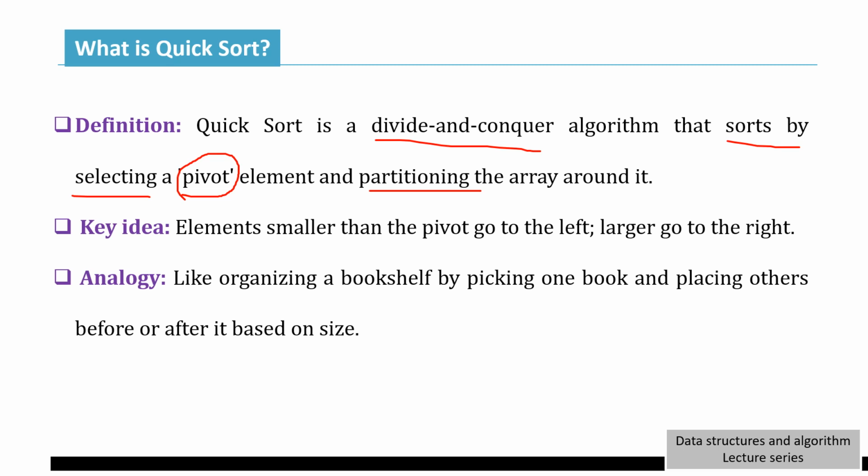And then partitioning the array around this pivot. Then all the elements smaller than the pivot are moved to the left side of the pivot and all the greater elements to the right. This is the key idea behind quicksort.